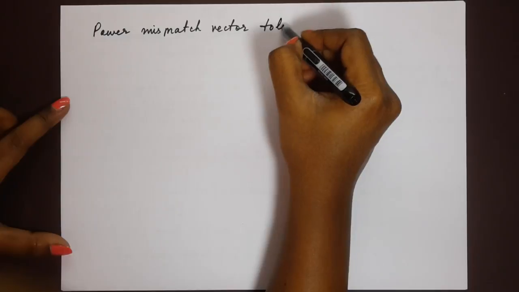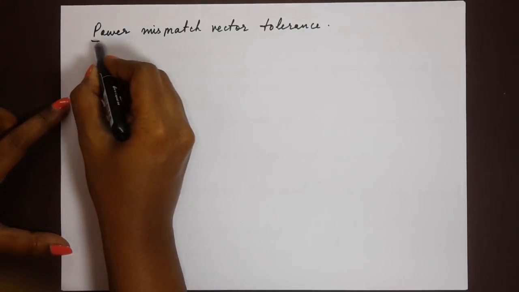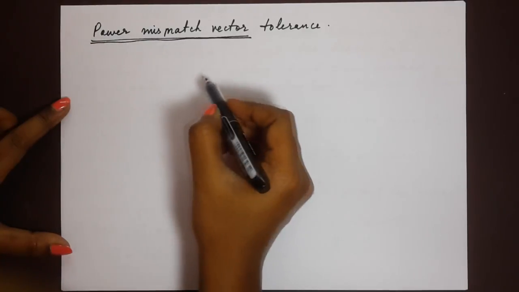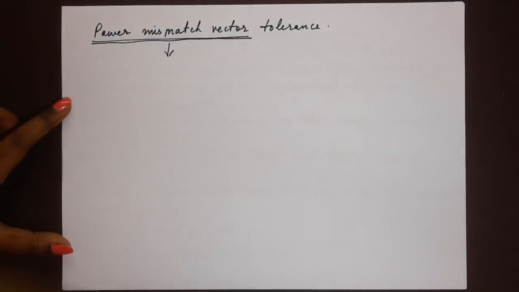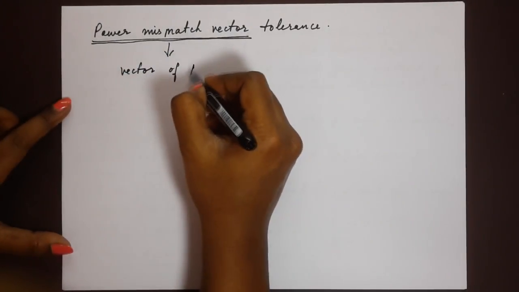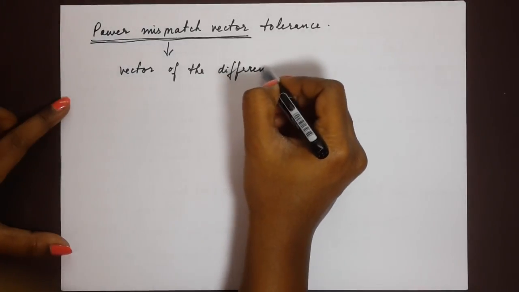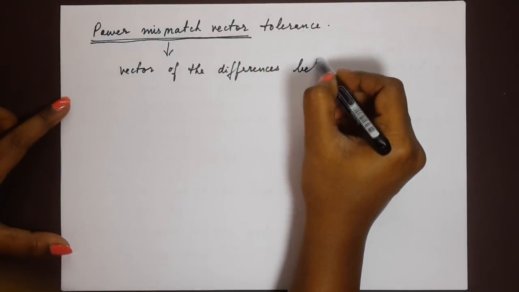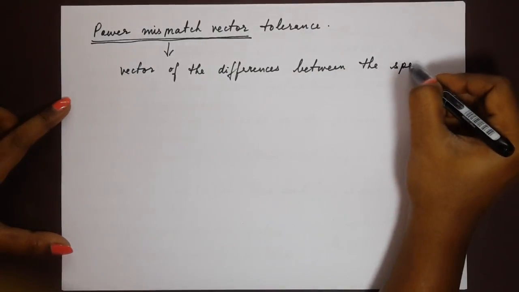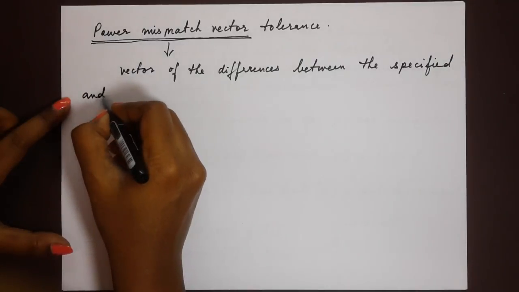Now the phrase written in the question is power mismatch vector tolerance. So first we'll talk about power mismatch vector. So this is defined as the vector of the differences between the specified and calculated power.